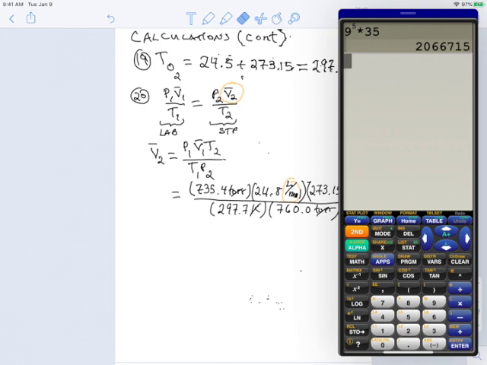Okay, so we're going to put these numbers in. 735.4 times 24.8 times 273.15. We're going to divide that by the temperature, 297.7, and divide that by 760.